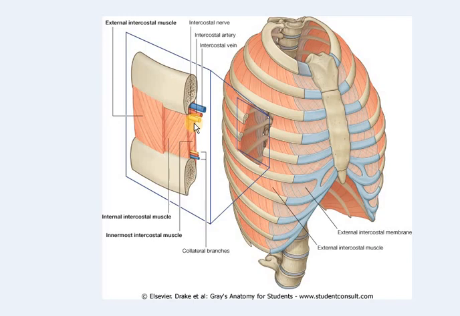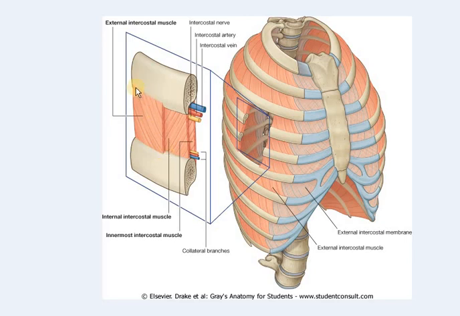Now what is the attachment of the intercostal muscles? The first one, the external intercostal muscle. You can see in this picture that it originates from the lower border of the rib above, and it inserts at the outer lip of the upper border of the rib below.